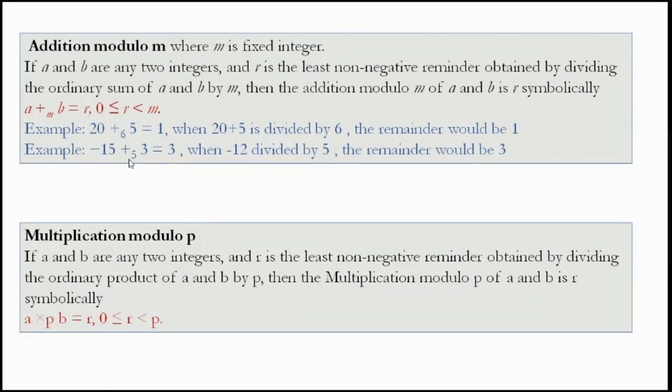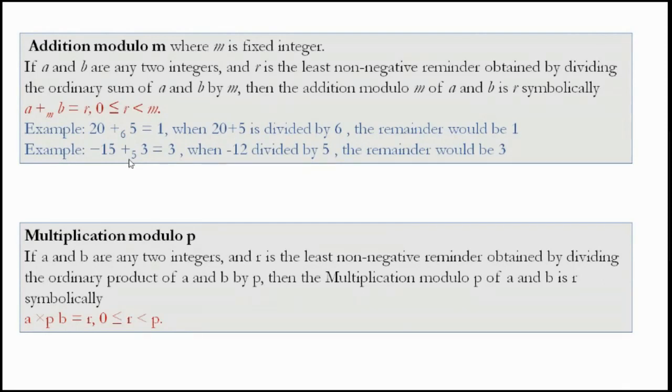If a and b are two integers and r is the least non-negative remainder obtained by dividing the ordinary product of a and b by p, then multiplication modulo p of a and b is r, symbolically a cross p b is equal to r. Now if I give you the same question as in the previous example, minus 15 and 3, where modulo is 5.